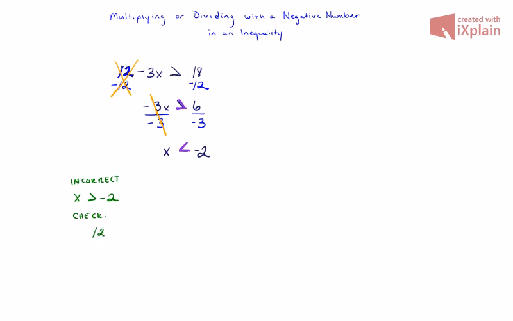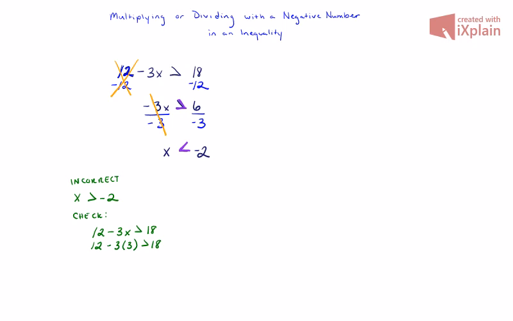We have our initial problem of 12 minus 3x is greater than 18. I want to pick a number that is greater than negative 2. So maybe I'm going to just use positive 3. I'm going to put 12 minus 3 times a positive 3 in there. And let's see if we get a true statement.